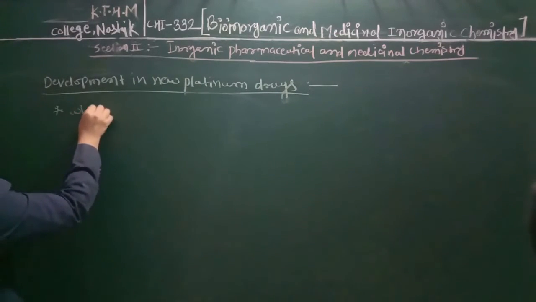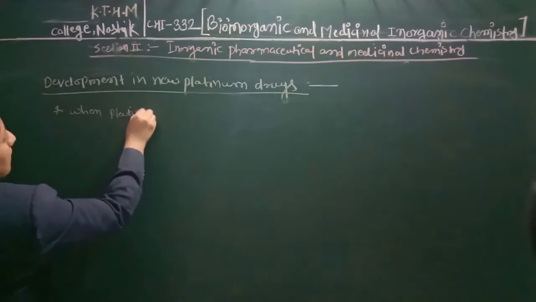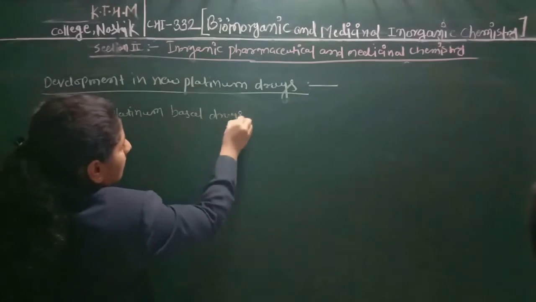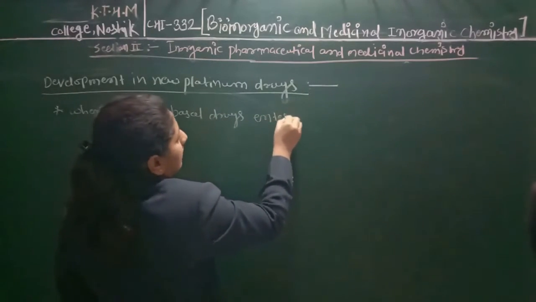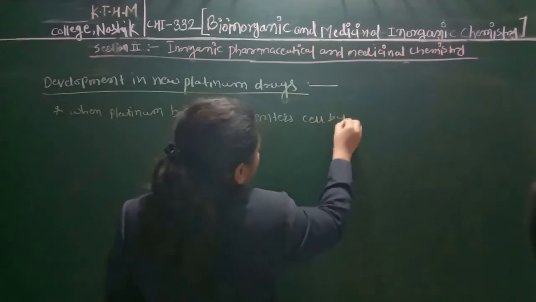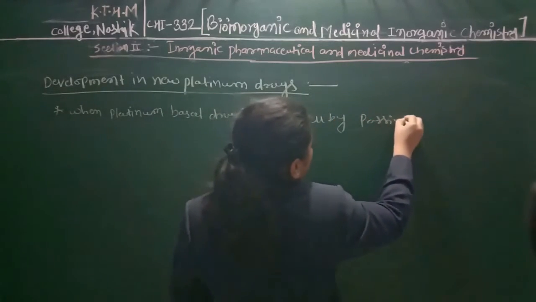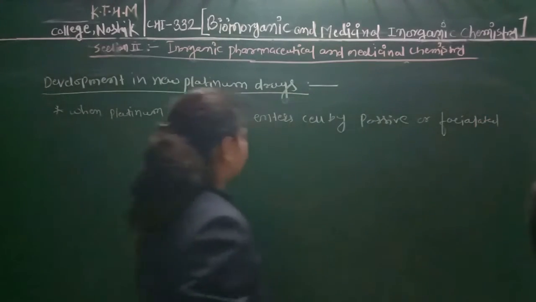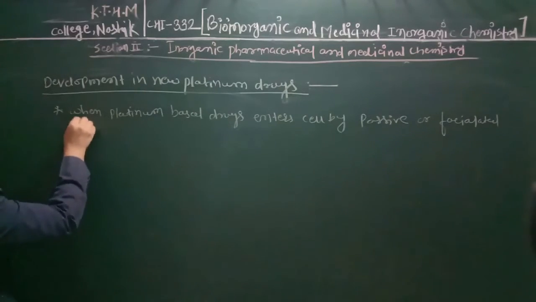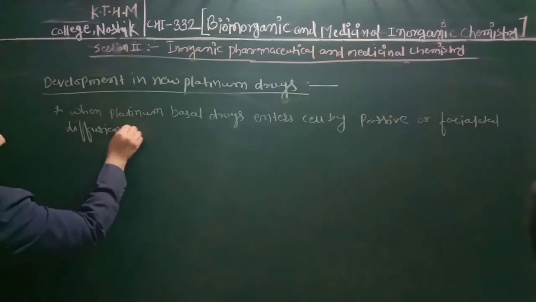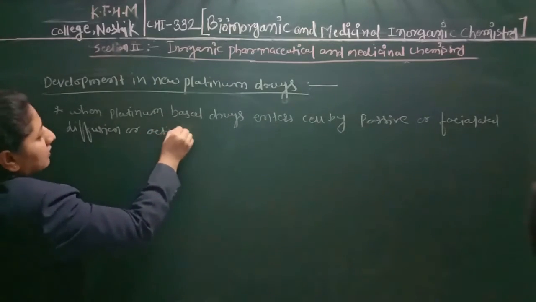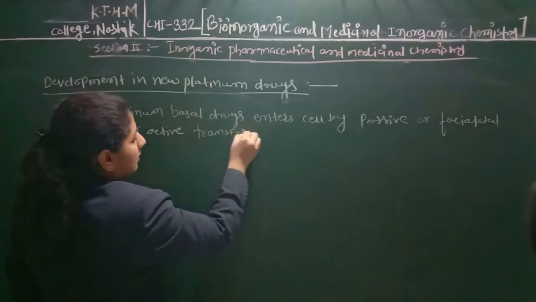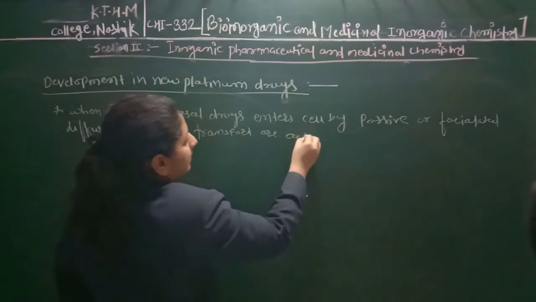When platinum-based drugs enter cells by passive diffusion or active transport, they are activated.